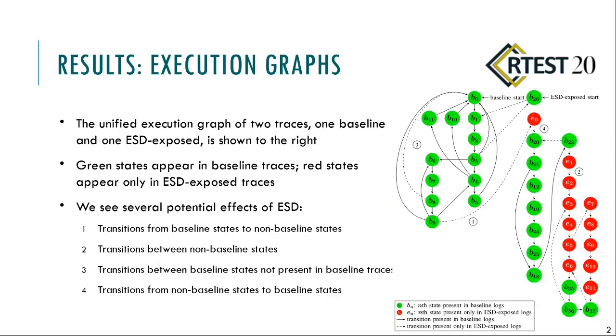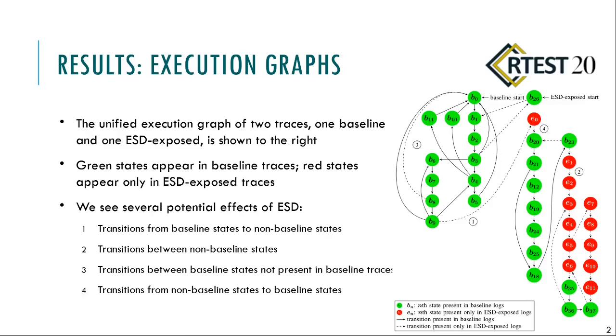As well, we observed some anomalies in our execution graphs. To your right, you can see the unified execution graph of two traces, one a baseline trace and one an ESD-exposed trace. The green states appear in a baseline trace somewhere. Red states are unique to ESD-exposed traces.